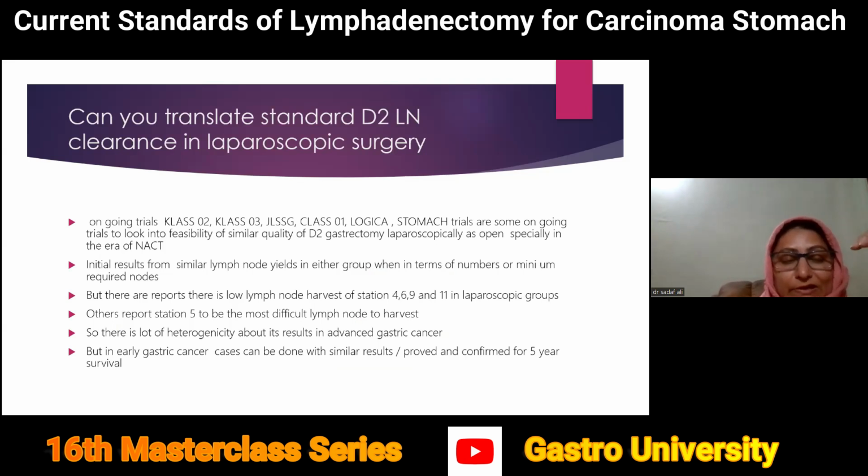We have fewer results for robotic, but a good amount of results for early gastric cancer in the laparoscopic approach. These are the Korean and Japanese trials, still ongoing, to which he gave a little reference. But in early gastric cancer, it has a similar role.